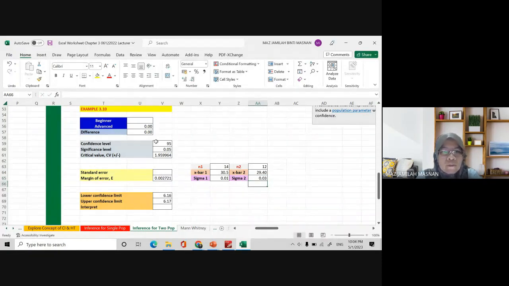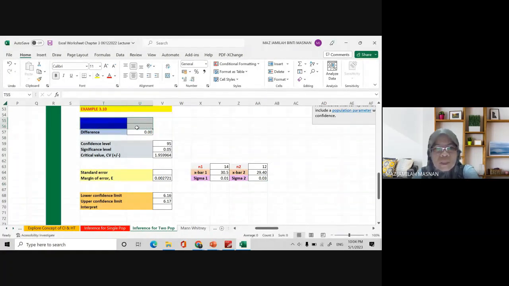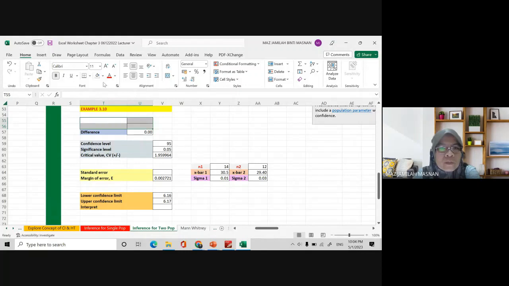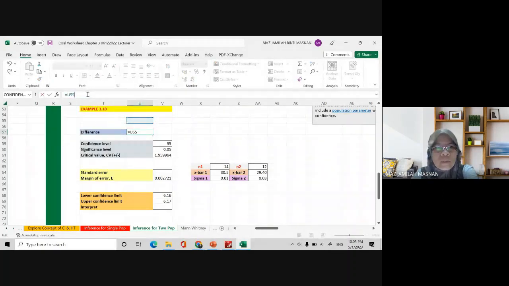Now, in this case, we have our X bar 1 and X bar 2. We don't have to use this one, so delete. So the difference is based on this one: X bar 1 minus X bar 2.